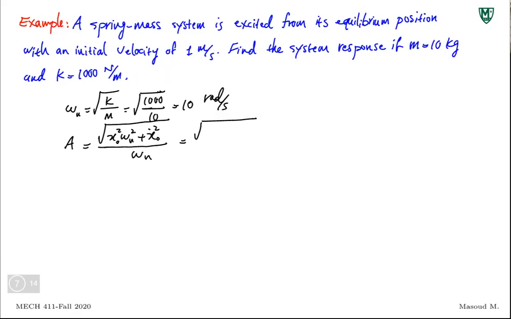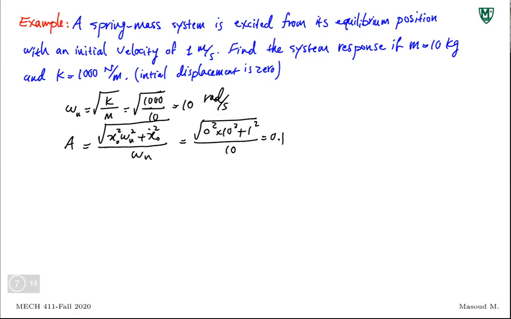That can mean different things, so let me just add it: initial displacement is 0. So x naught squared, 0 squared, times 10 squared, plus x naught dot, which is 1 squared, divided by 10, this becomes 0.1.